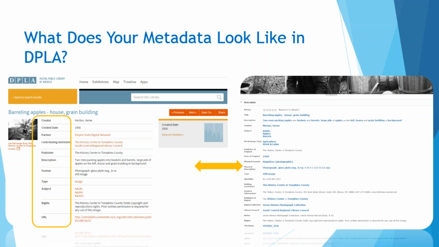So DPLA has a set list of labels for the metadata fields, which are not based on contributing institutions' local fields. And this is why shareable metadata is so very important. Having shareable metadata ensures that the information about the resource is understandable regardless of which environment the item is being accessed in. So that brings up the question, how does the metadata get from the contributing institution, from that native environment, to DPLA?